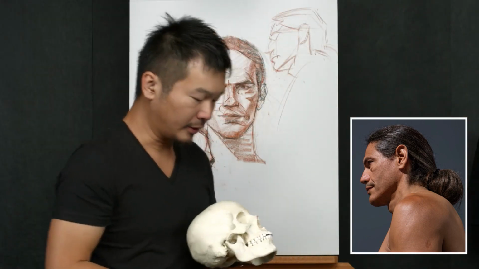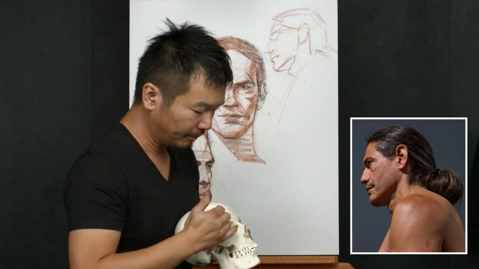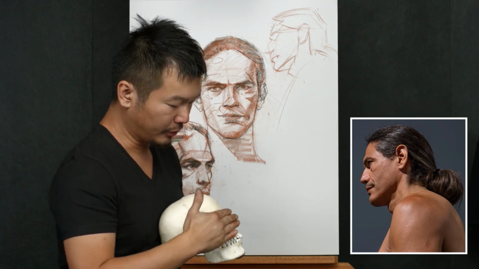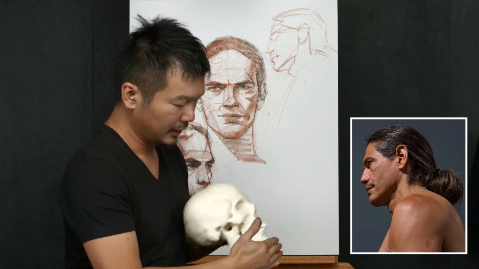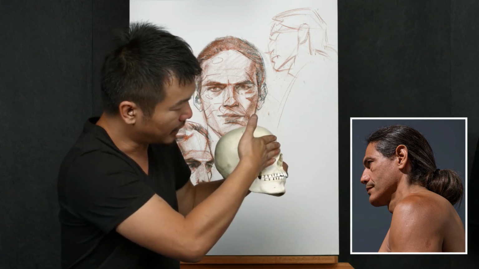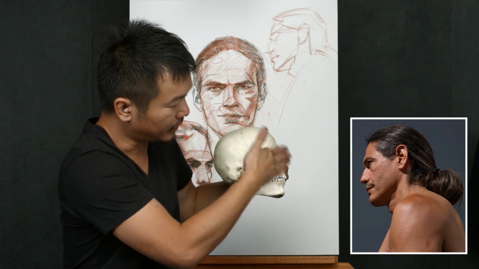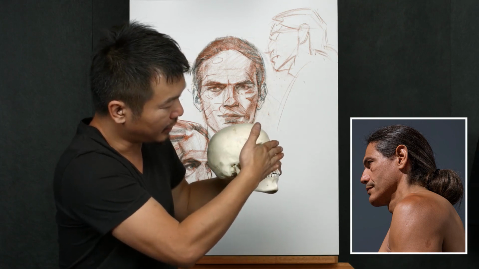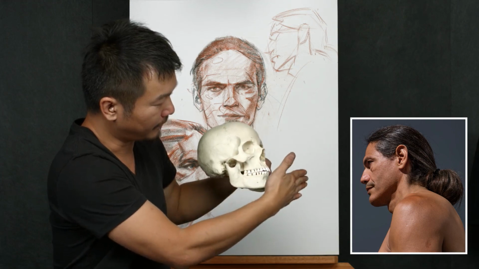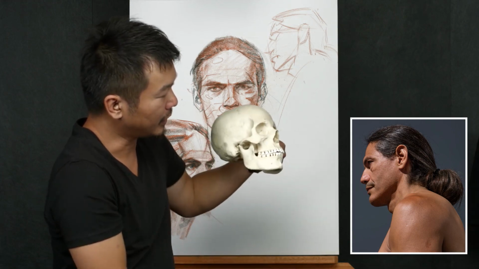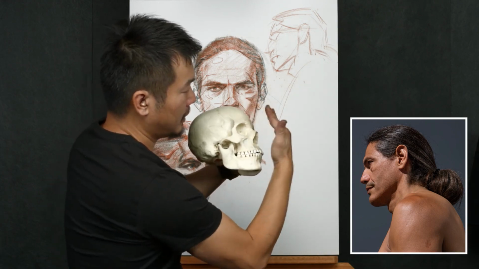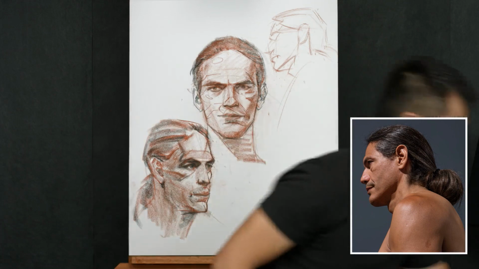If you look at the profile, everything below the eyes starts to protrude forward: the nose, the mouth. The forehead and eyes are flat. That's why in a profile you actually have three planes: the forehead, the nose, and then the chin.